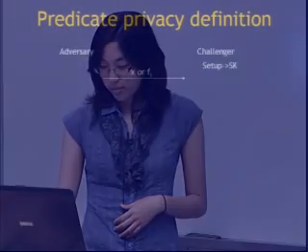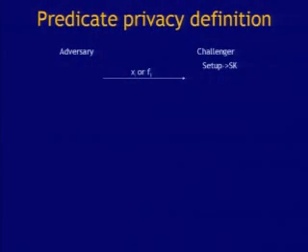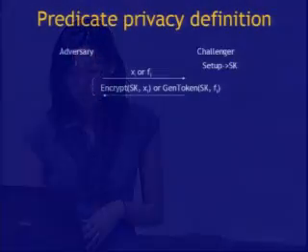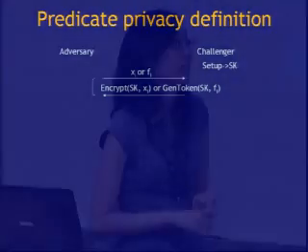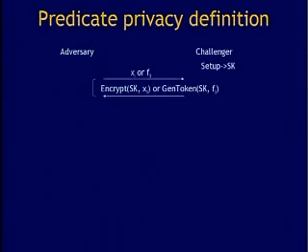Okay, so let's see what the definition of predicate privacy looks like a little bit more formally. We're going to define this in terms of a game between an adversary and a challenger. In the first step, the challenger runs the setup algorithm, generates a secret key, and keeps that to himself. Then the adversary goes through a query phase where it can make queries of one of two types: ciphertext queries and token queries.